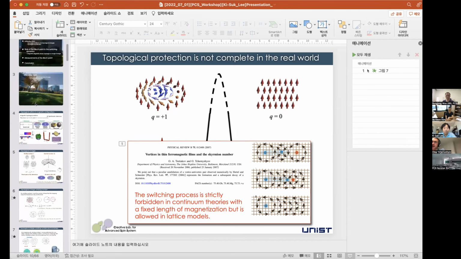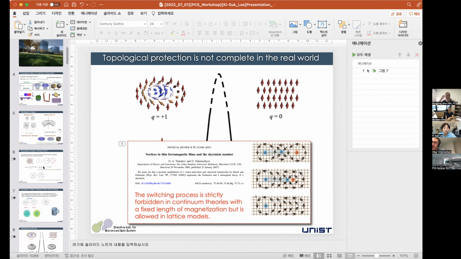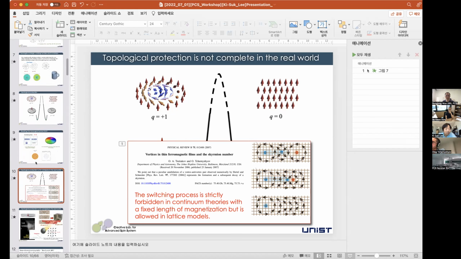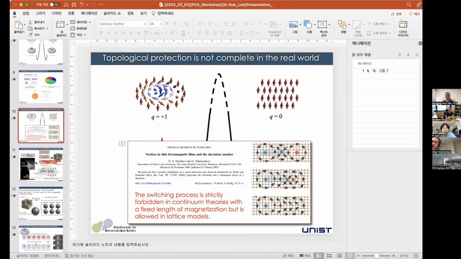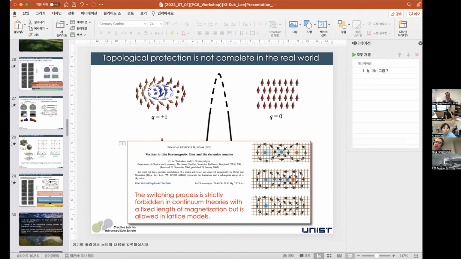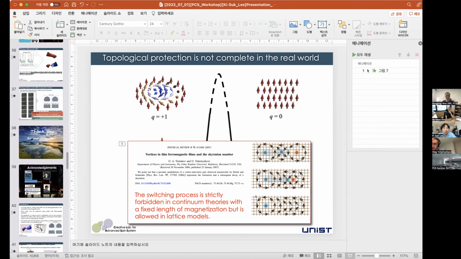But at the same time, you can have the edge, and let's say the edge has a special anisotropy that likes the spins parallel to the edge. There are two directions parallel to the edge, clockwise and anti-clockwise. If you follow the edge, you can have spins pointing in the clockwise direction, and then they can gradually switch and point in the anti-clockwise direction.